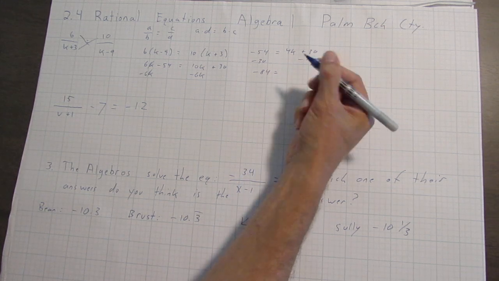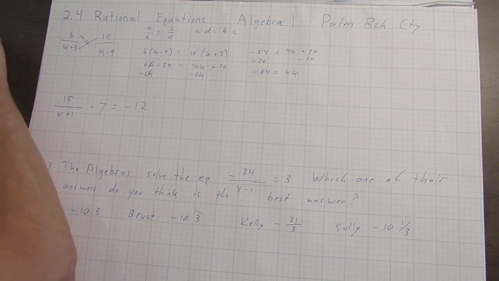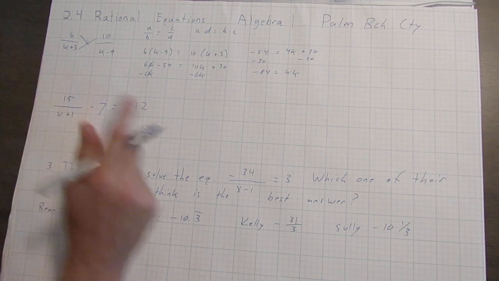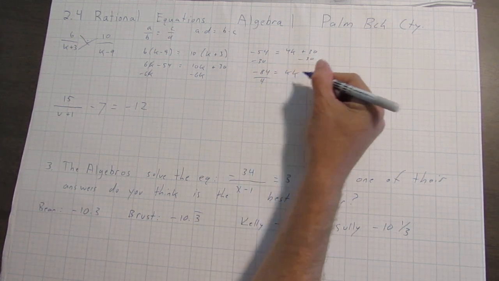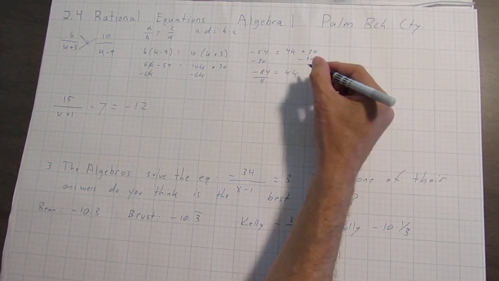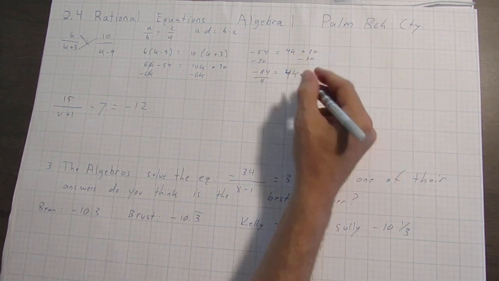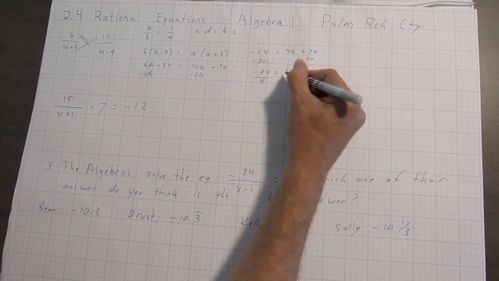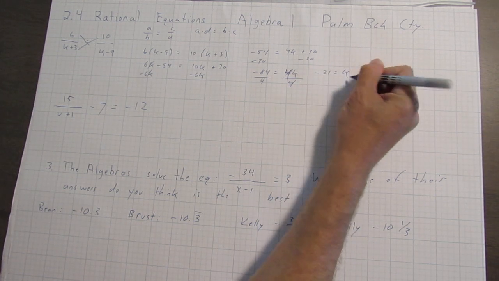Negative 84 is equal to 4k. This is supposed to be a 4k, so we divide both sides by 4. They cancel, and I get negative 21 equals k.